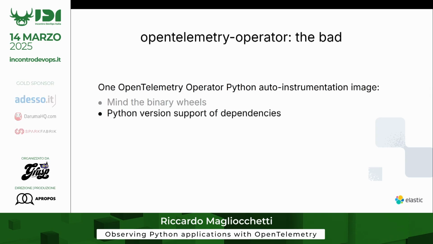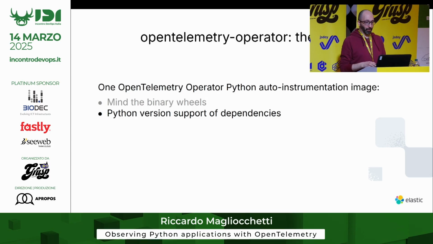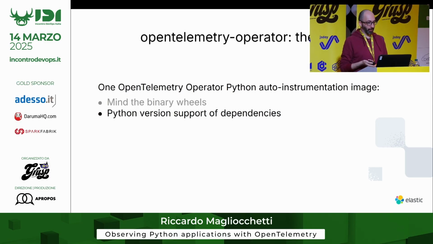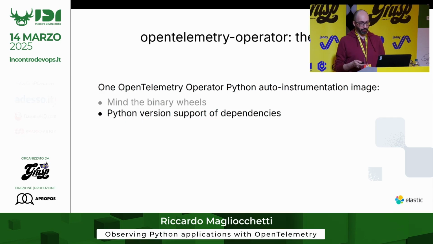And the second problem is not only the platform and the Python version, but it's also that some packages may not support all Python versions. And so if the image is built for a Python version that is newer than the one you're using in your containers, it may be that some of the stuff already installed there will not work on your Python version.